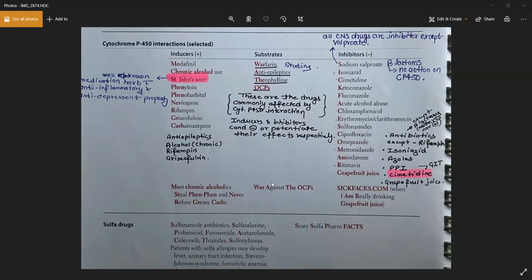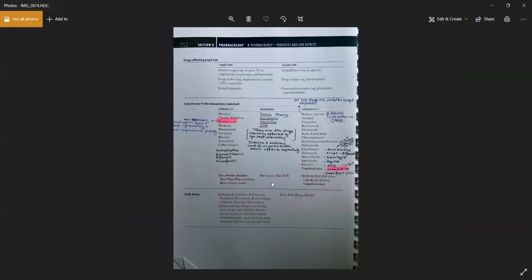Any other doubt? What is it about amantadine? Amantadine is an antiviral for flu. It is neither an inhibitor nor an inducer, though if you want to list it, it could be an inducer because it is a CNS agent.